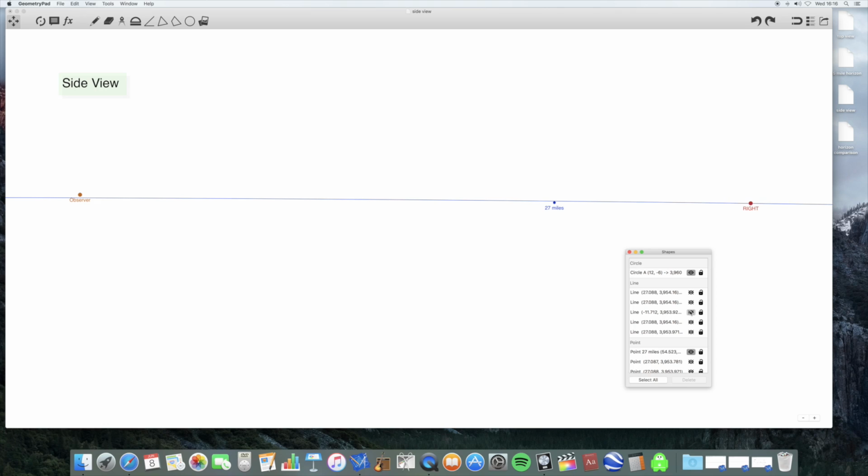Okay. Now what I want to do is also get the angle of depression of the horizon. So I can get rid of that point there as well. Let me get the right line. So that's the straight line. Now this line here is parallel to the straight line that goes through the horizon.